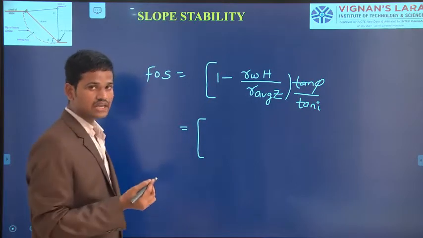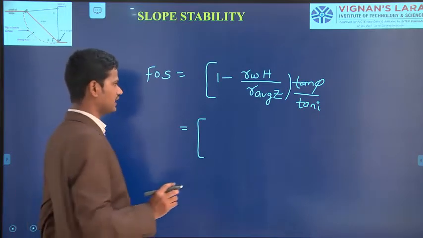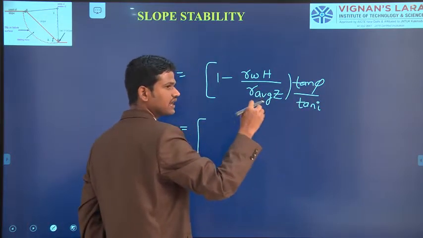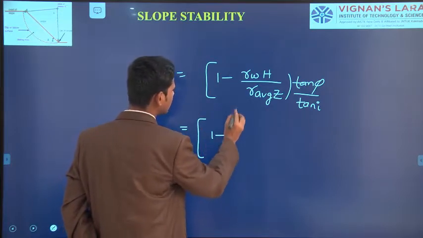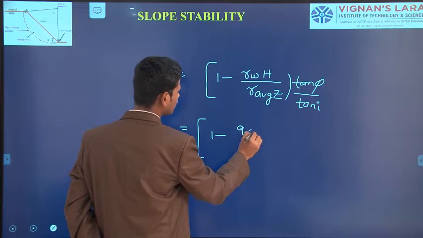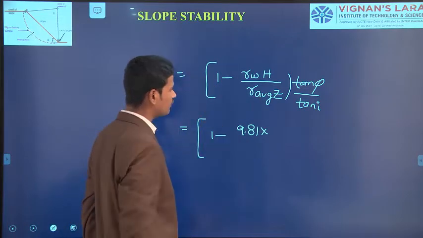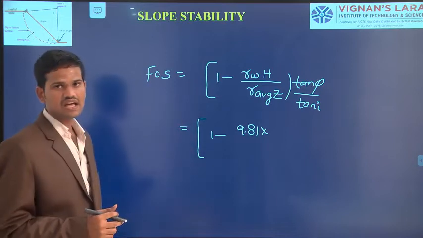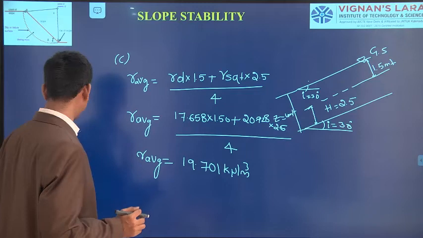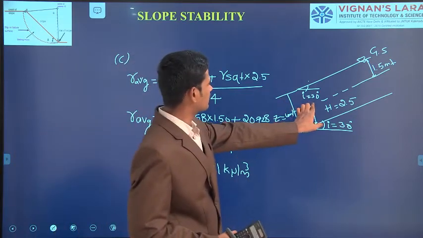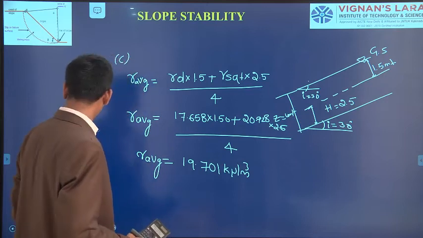Here they are asked to calculate the factor of safety. They are not asking for the safe angle. The angle of inclination is given, and that value is 30 degrees. That means 1 minus, where gamma W is the unit weight of the water, 9.81, into H, the height of the water present in the slope. If you observe, from this horizontal ground surface, the depth of the water table is 2.50.